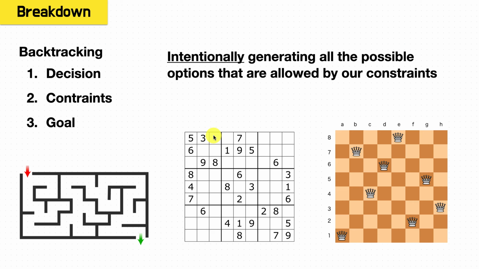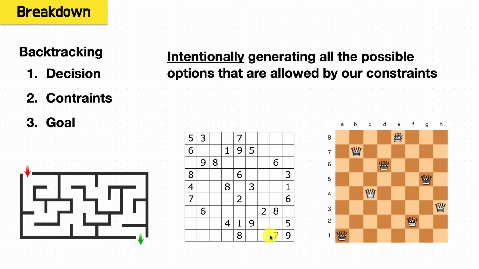So this limits the numbers we can try, and we only use numbers that haven't appeared in that row, column, or subsquare. So what we do is we iterate through the entire board, try all the possible numbers at each point within the constraints, and then finally, once we have iterated through all the points and making sure that they all fall within our constraints, we've solved the board.